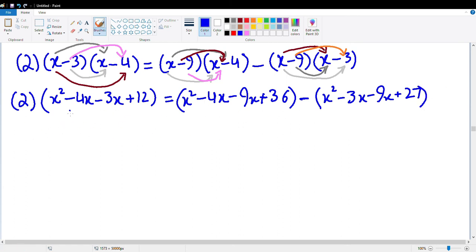And now, let's multiply. Actually, better yet, let's just simplify these. Let's simplify these two and these two and these two, and then we'll move on to multiplying. So minus 4x and minus 3x can be simplified. Also, minus 4x and minus 9x can also be simplified. And minus 3x and minus 9x can also be simplified.